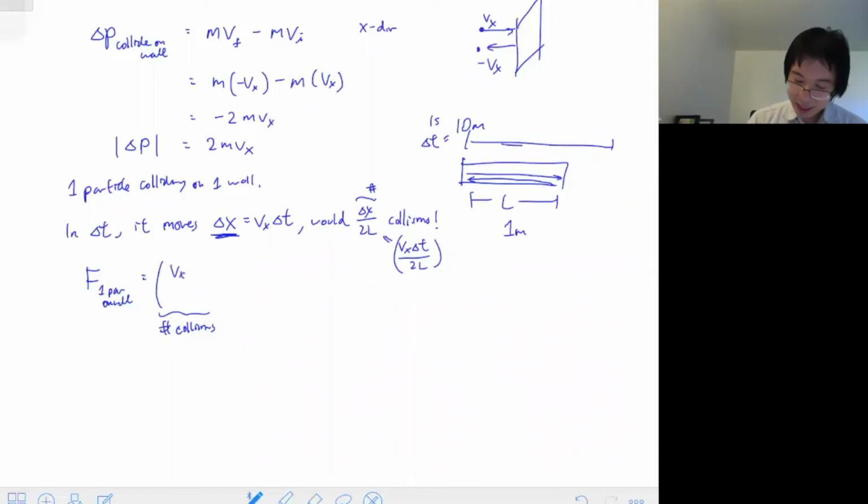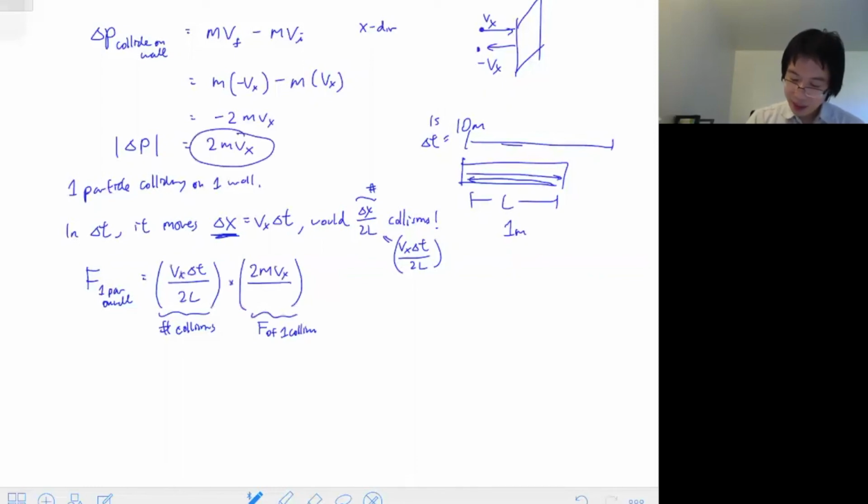So Vx delta t over 2L times the force of one collision, which is 2 m Vx, per unit time. And that gives us m Vx squared over L, since delta t cancels and the 2 cancels.